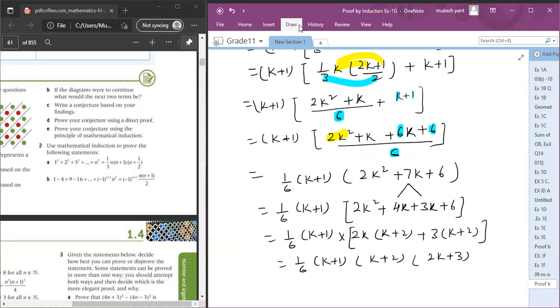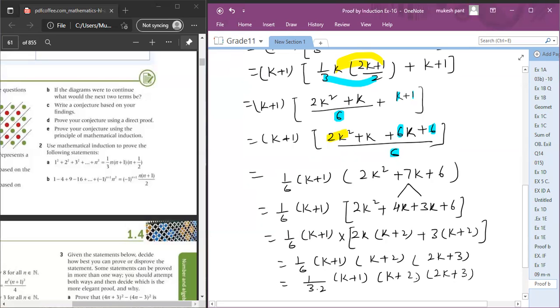After this one, what we have to do, our answer should be in this form. Which form? Look at the question: 1 over 3, and n will be replaced by k plus 1. But there should be 1 over 3. So this we can write as 1 over 3 times 2, (k plus 1), (k plus 2), and (2k plus 3). If you look at 1 over 3 and the last step, in the last step there should be 1 over 2, like this.